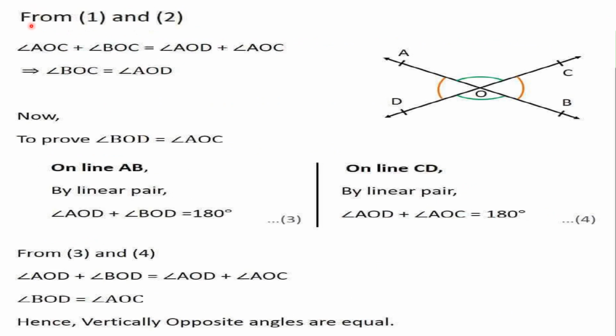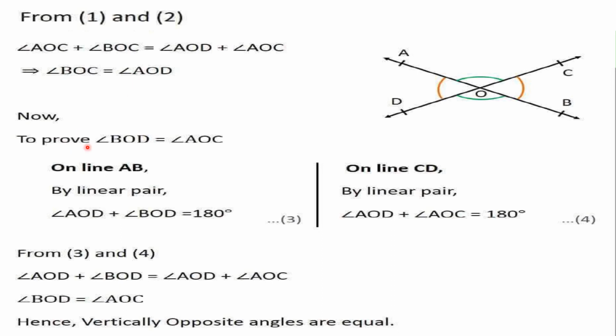So considering the above results as equation 1 and equation 2, we get angle AOC plus angle BOC is equal to angle AOD plus angle AOC, because both are 180 degrees. That is why we are equating both quantities. This implies angle BOC is equal to angle AOD. Understood this step, my dear children?